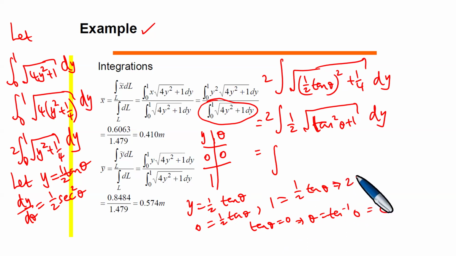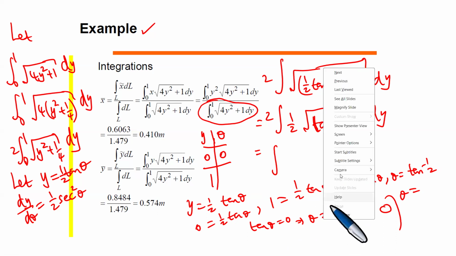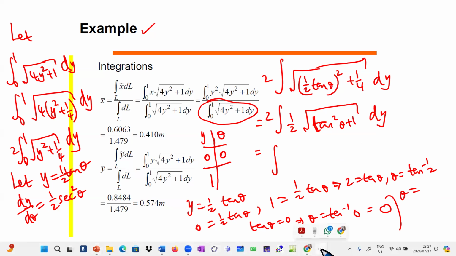And this means that 2 equals tan theta. And then what is theta? Theta is arctan 2. Let's do arctan 2. We're going to use the calculator for that one, because it's not very easy to just do.